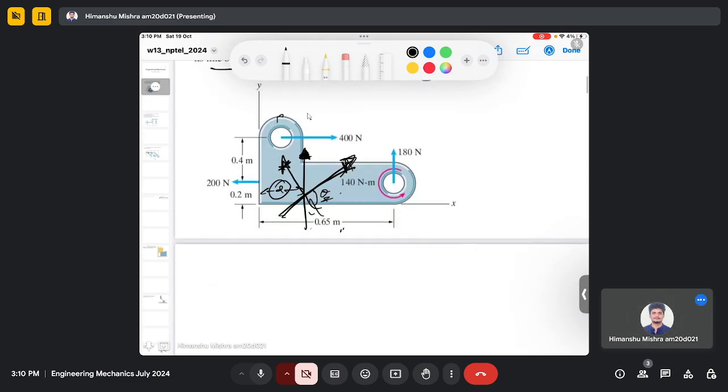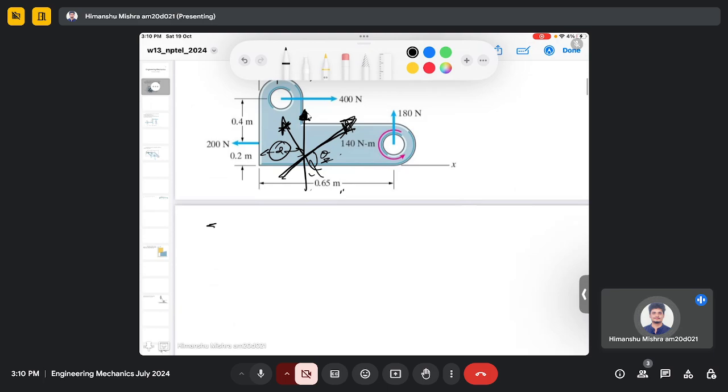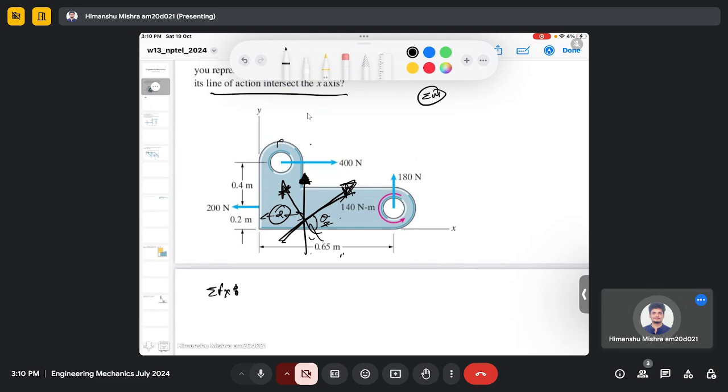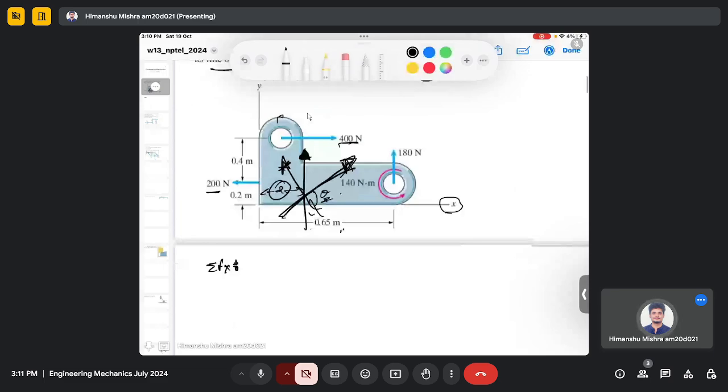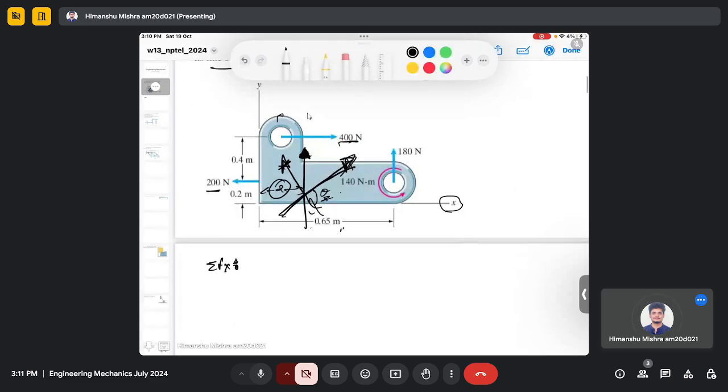So first we will write down the force equilibrium equation. If I write summation of force in the x direction, then we have to consider all the forces which are acting in the x direction. So it is 400 Newton and it is 200 Newton in the negative x direction, minus 200 Newton, and there will be a resultant force.